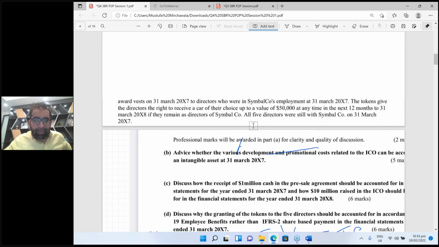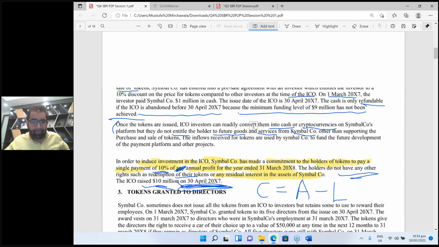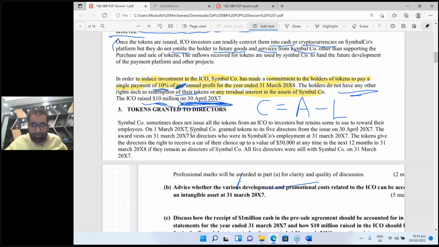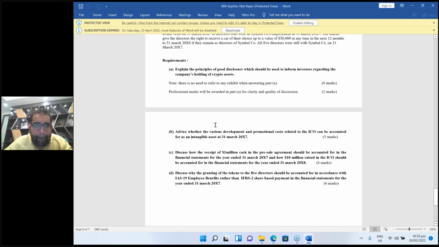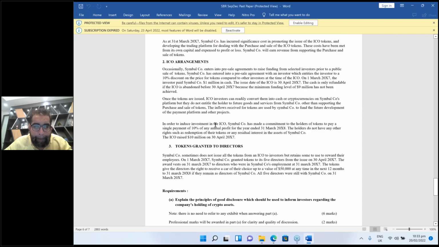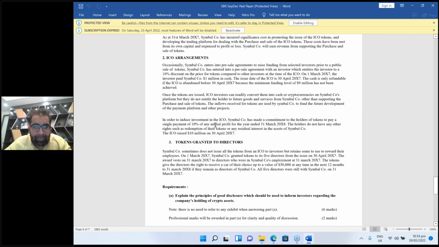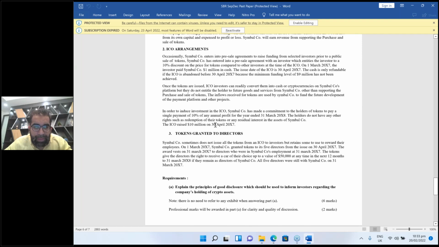Yes, see this. Read this: tokens granted to directors. Or let me show you in the Word file. Wait. You can see this. See this.